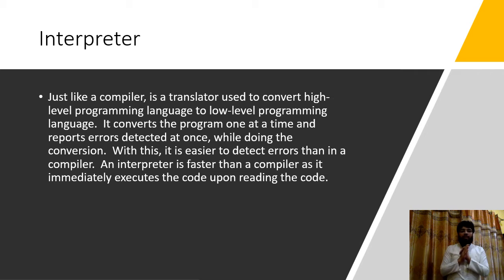While doing the conversion, it is easier to detect errors than in a compiler. An interpreter is faster than a compiler as it immediately executes the code upon reading it. So, as we discussed in the interpreter definition, an interpreter is faster than a compiler.